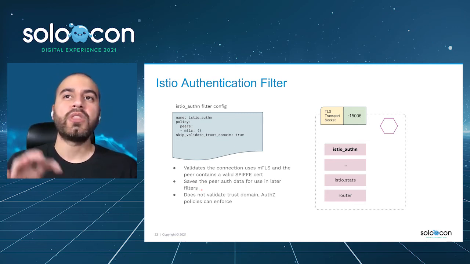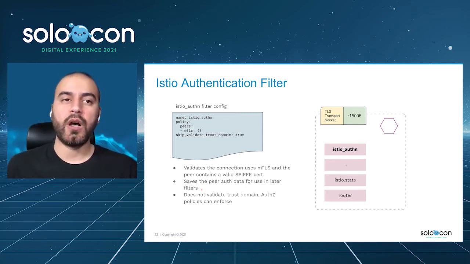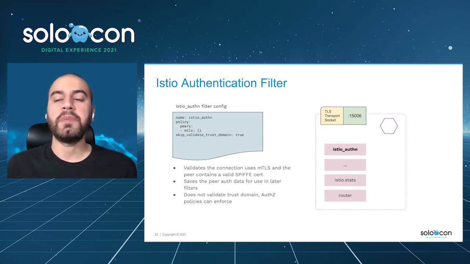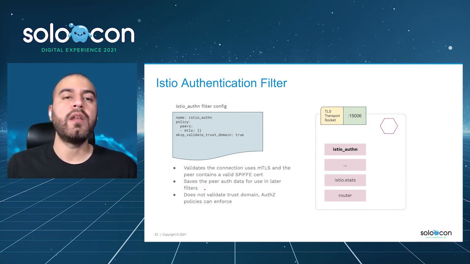So with this filter in place and strict mode on, you'll get the validation of the peer cert. In fact, you get that for free already with the transport socket config we were looking at earlier, but this provides another layer to that. And then the saving of the peer data, we'll take a look at right now.